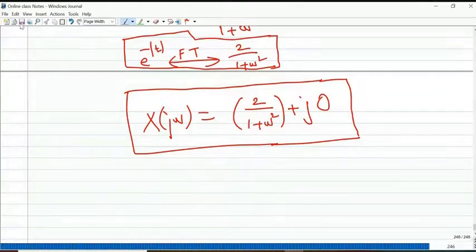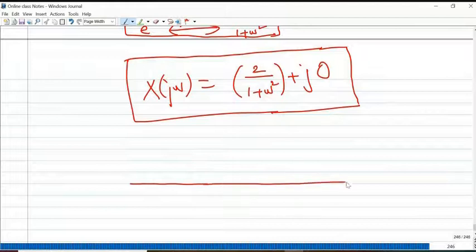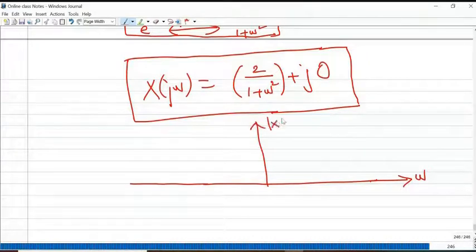You can draw the magnitude response for different values of omega. Let's complete the magnitude response for this x of j omega: omega versus modulus of x of j omega. The imaginary part is 0.